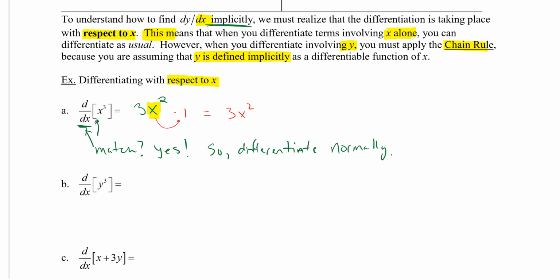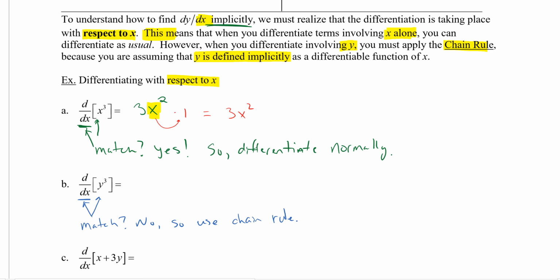We have that we're differentiating with respect to x. That's telling me differentiate this expression with respect to x. However, do they match? The answer is no. So use chain rule.